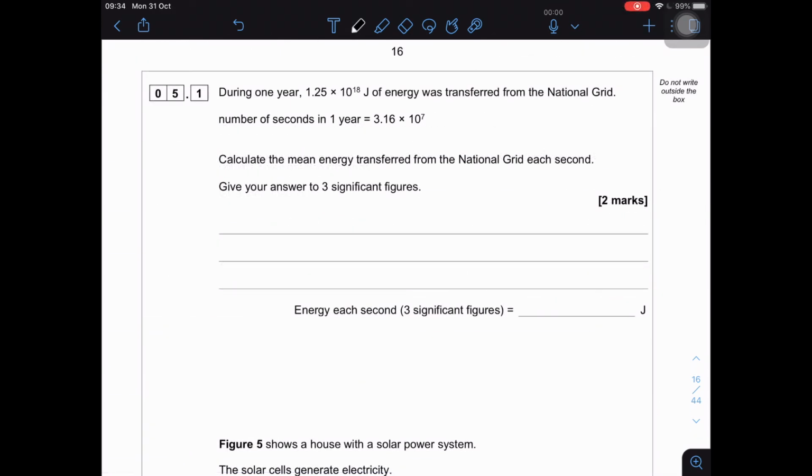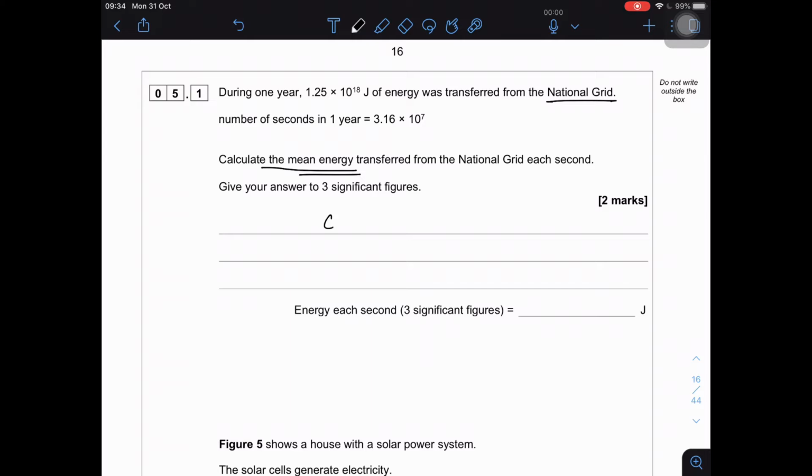Every year they ask a question related to the national grid. So you need to know how to solve this, but it's not really related to it. You're supposed to calculate the mean energy transferred from the national grid each second.